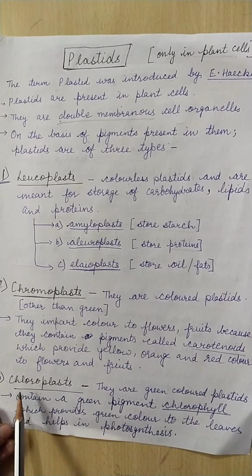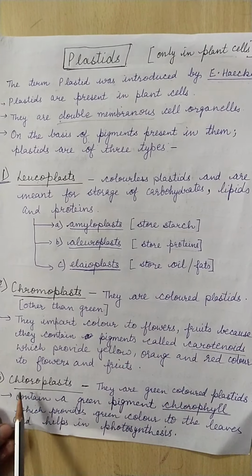The third type of plastids are chloroplasts. These chloroplasts are the green colored plastids. They contain a green colored pigment only, called chlorophyll. This chlorophyll imparts green color as well as traps the sunlight energy and helps in the process of photosynthesis.